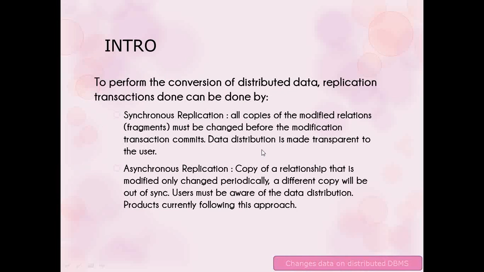Data distribution is made transparent to the user. And here is asynchronous replication. Copies of a modified relation are only changed periodically. Different copies may be out of sync. The user must be aware of the data distribution. Products currently follow this approach.